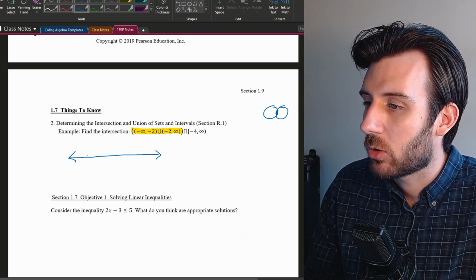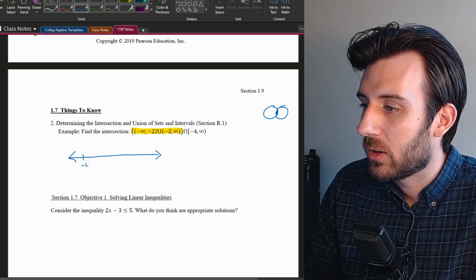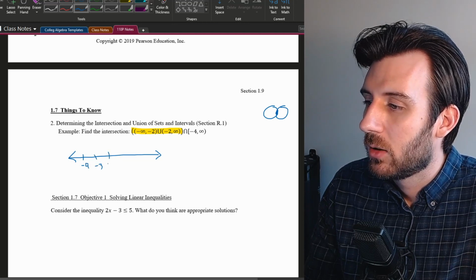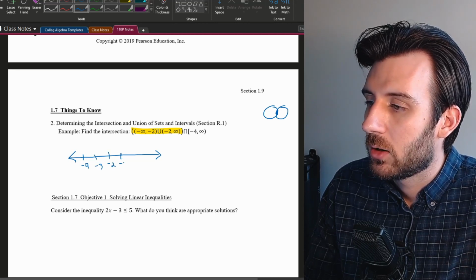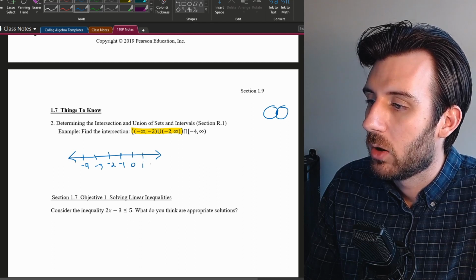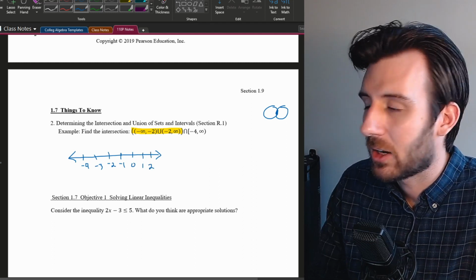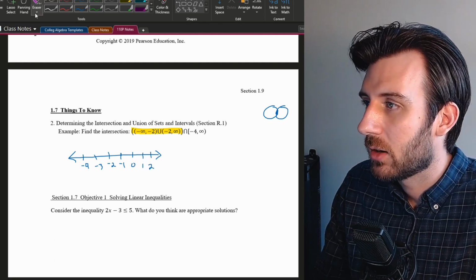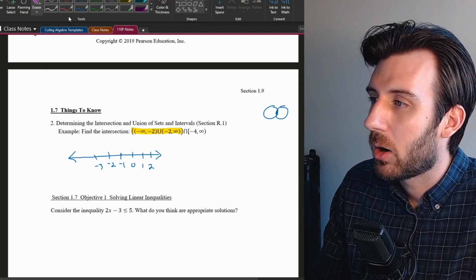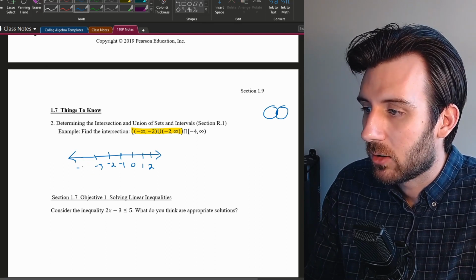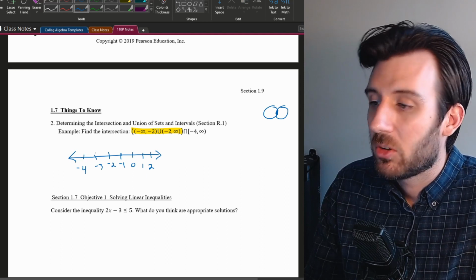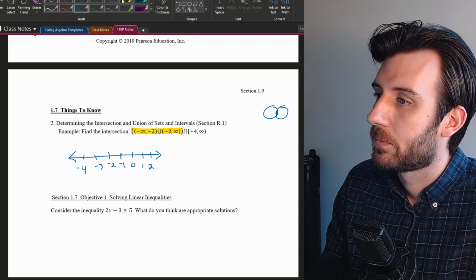So on my number line, let's go ahead and put that in. We're going to have -4, -3, -2, -1, 0, 1, 2, etc. So I'm just marking off my number line and remembering that even though I'm marking my integer numbers here, really all of the numbers in between are included in my pile.